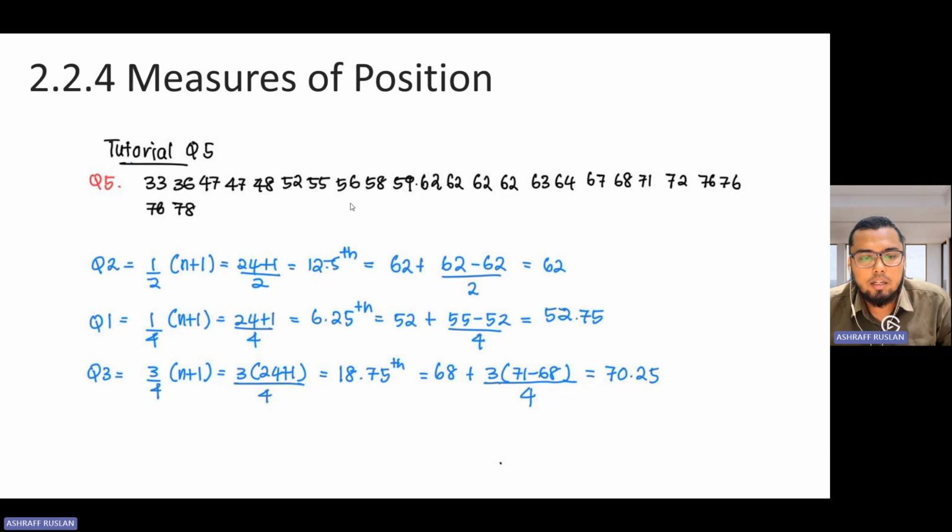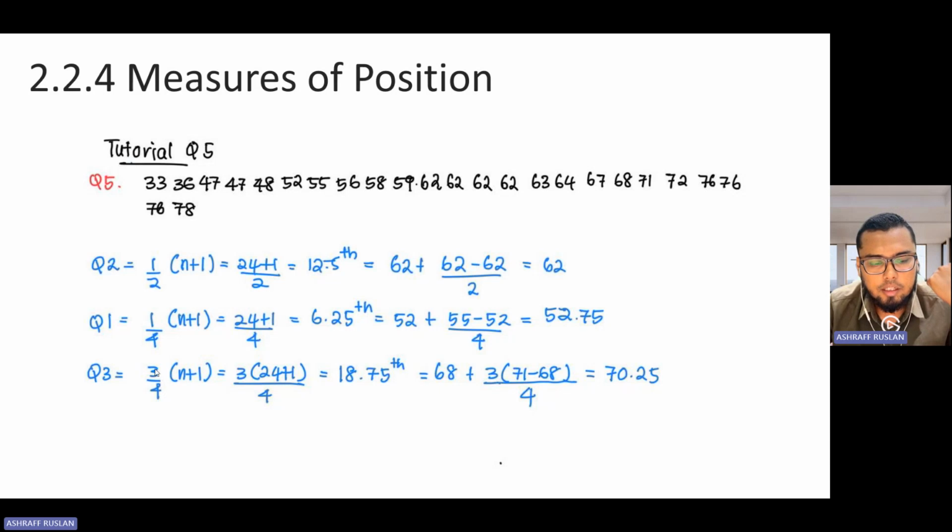So, macam mana nak buat adalah kita ambil 55 minus 52, which is position ke-7 tolak position ke-6, dan kita darab dengan 1/4 ataupun kita bahagi dengan 4. So, that's why calculation ni adalah 0.75. Tambahkanlah dengan nilai ke-6.